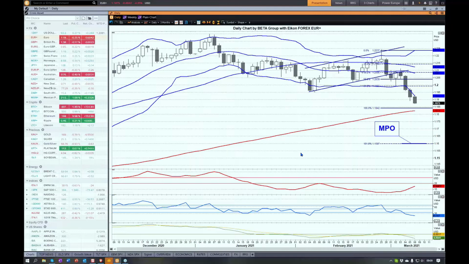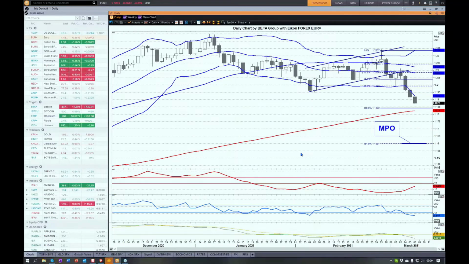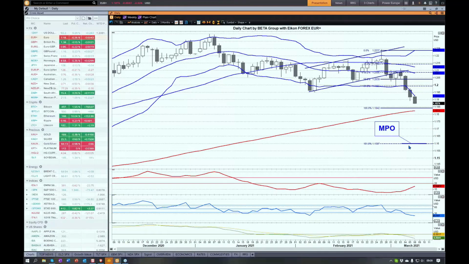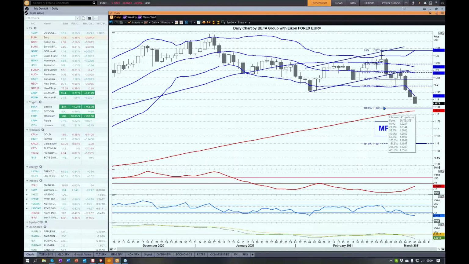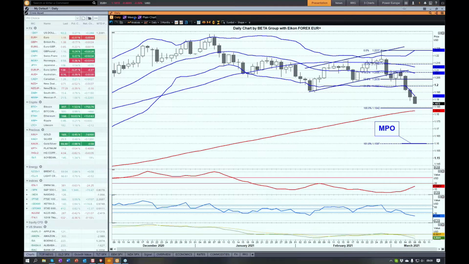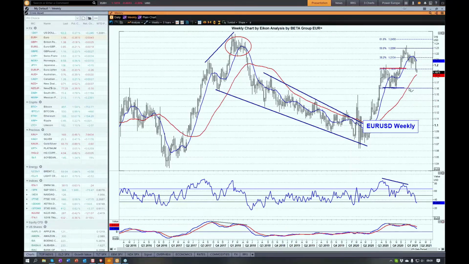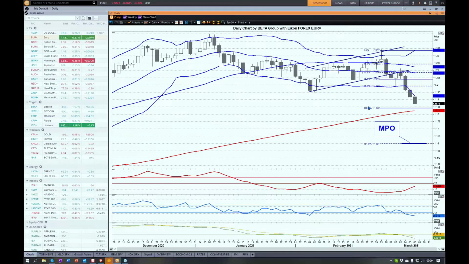But I think that we have got this big minimum price objective beyond the 100%, the 118.42 level, down to the 161.8%, because going back to the weekly chart, this takes us right back down to here. So I think we're in a big move down here, which is going to extend much further.